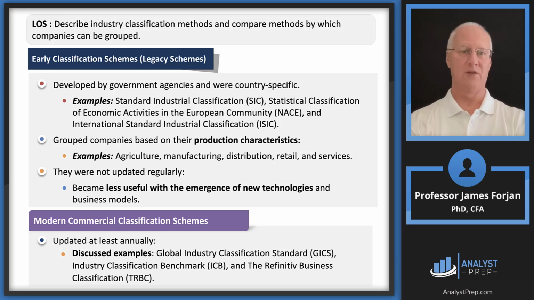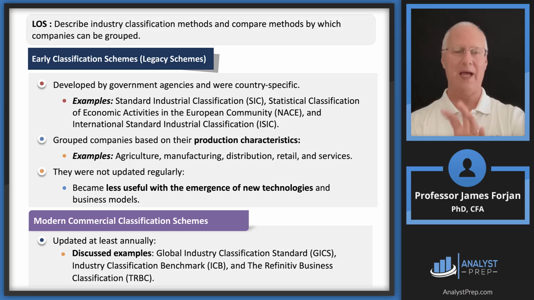And this is what my colleagues in my School of Business refer to all the time: the Standard Industrial Classification, SIC. What are those things? The important question that I think will show up, although I don't really think these are good questions on the exams, but if the Institute asks this, it'll be in that second bullet point, production characteristics.